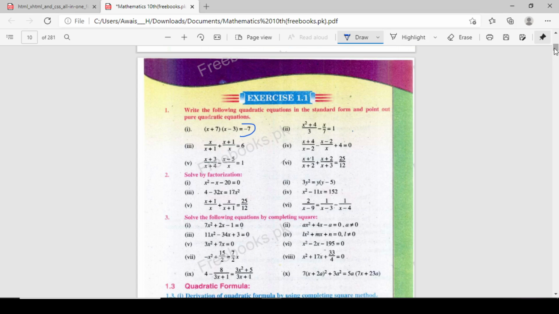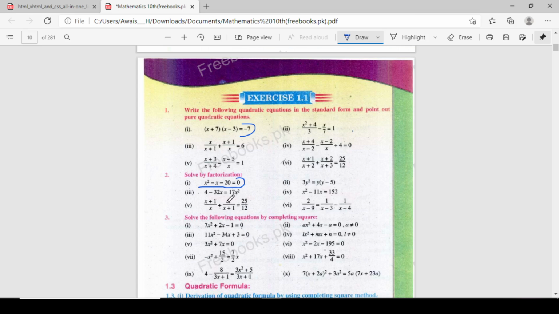Okay, so here you can see, solve by factorization. I will solve this question today in this video.